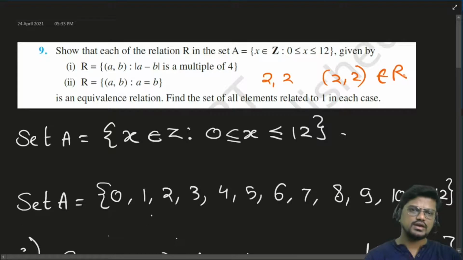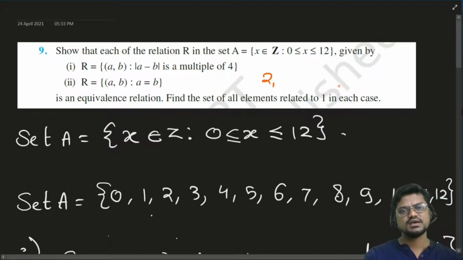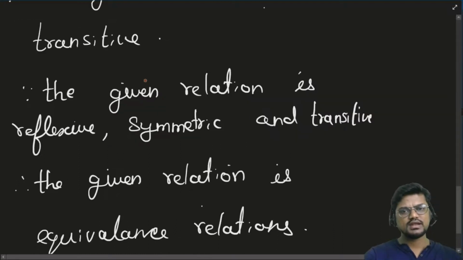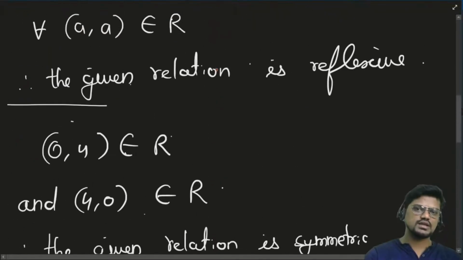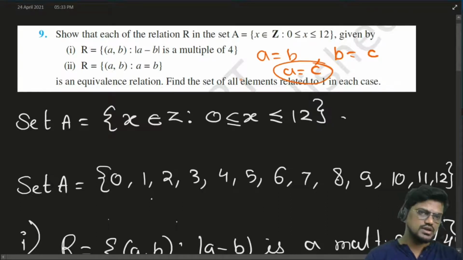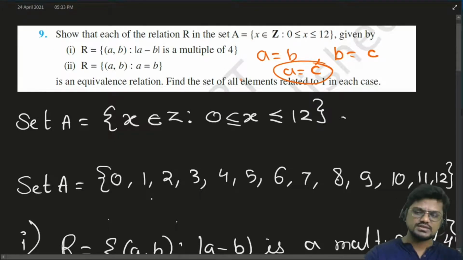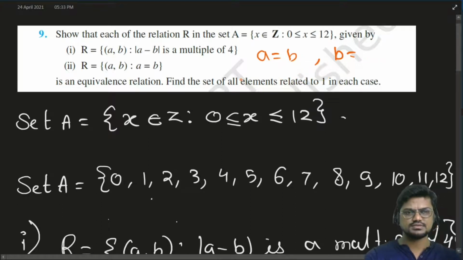I cannot write 2 is equal to 3, because that will not belong to the relation. So if I write (2, 2), then (2, 2) also belongs, therefore the given relation is symmetric. Also, if a is equal to b and b is equal to c, then I can also write a is equal to c. That means if (a, b) belongs to the relation and (b, c) belongs to the relation, then (a, c) also belongs to the relation. Therefore the given relation is an equivalence relation. I hope you guys can solve this.